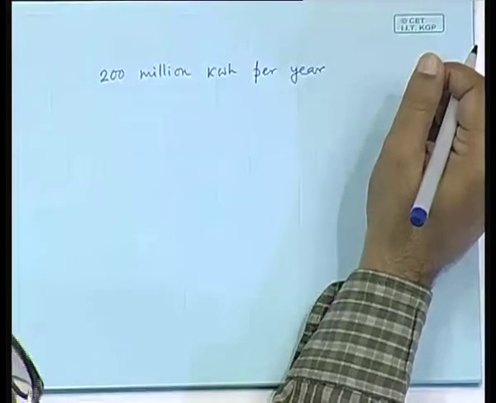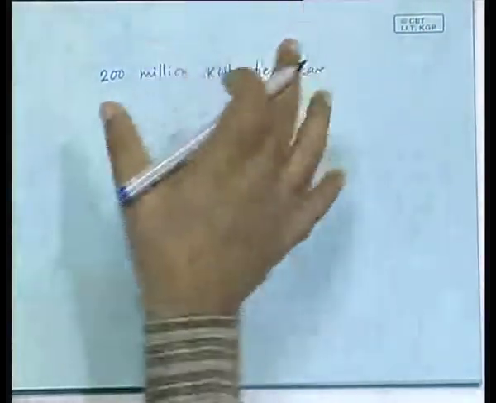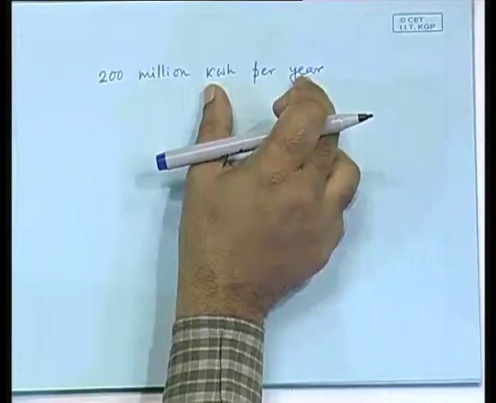Okay. Suppose you have got a dam that retains a sufficient amount of water, so that this amount of energy can be produced per year. In one case, you are designing a base load plant. In another case, you are designing a peak load plant. Now, if it is designed as a base load plant, what will be the power? This is energy. What will be the power?